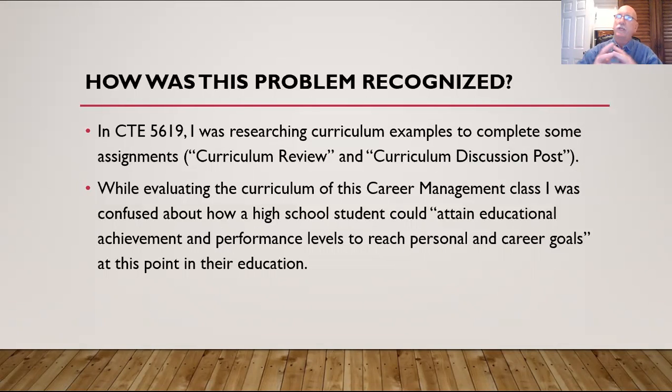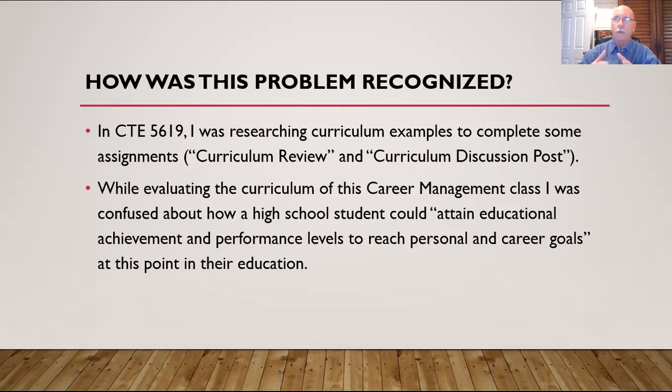How was this problem recognized? Well, in this class I'm taking right now, CTE5619, I was researching curriculum examples of actual classes for various assignments, like the curriculum review assignment and the curriculum discussion post assignment.